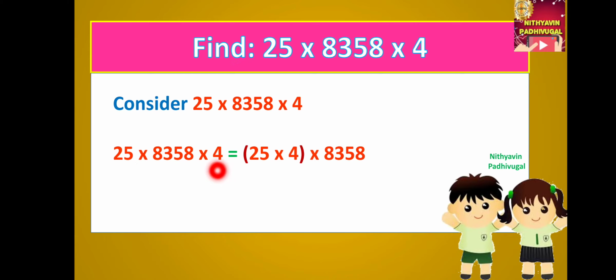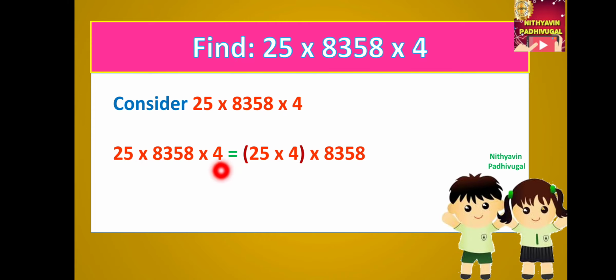So since commutative property holds good for addition, commutative property holds good for multiplication also. 1 into 2 is equal to 2 into 1 is equal to 2. So even after interchanging the numbers under multiplication, the result will not be changed. So that is commutative property.